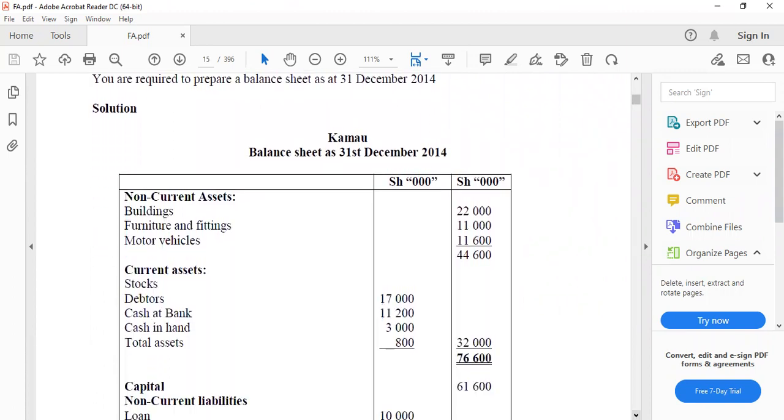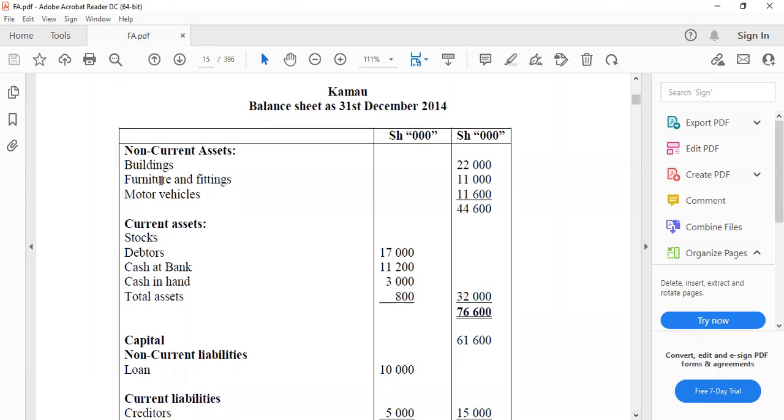The vertical format is the most commonly used format in most organizations. So we have said that we have buildings, non-current asset buildings, furniture and fitting, motor vehicles.